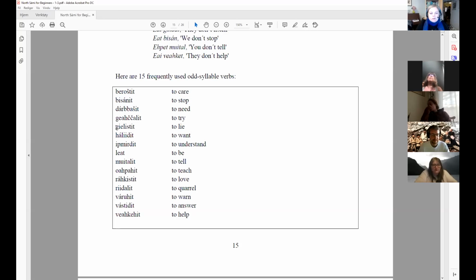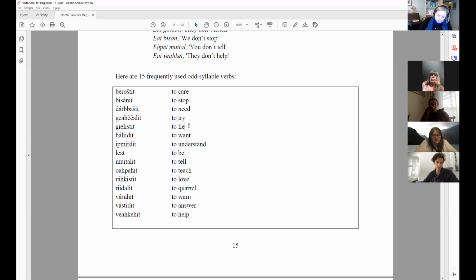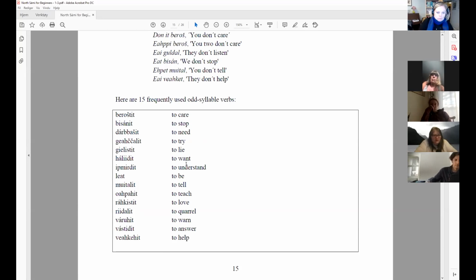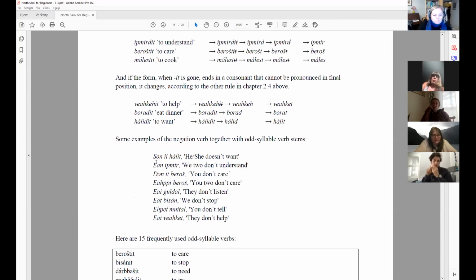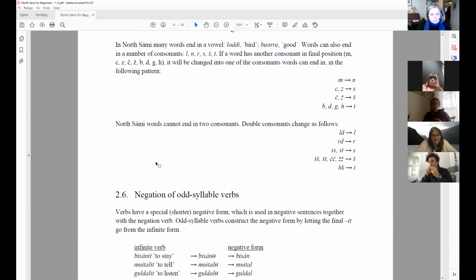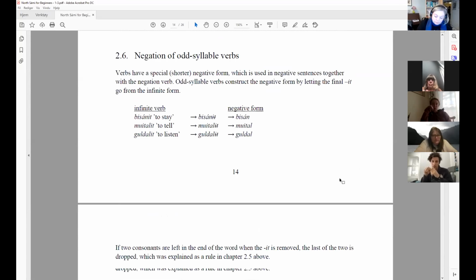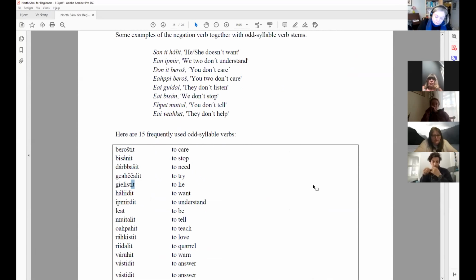Very good. And then we have this verb, kielistit. How do you do then if you want to say, I don't lie? In gelis. Perfect. You took away the it, but then you didn't want to say mon inkielist. So you said mon inkielis. You followed this rule where it says if you have a double consonant, you just let one consonant be there.